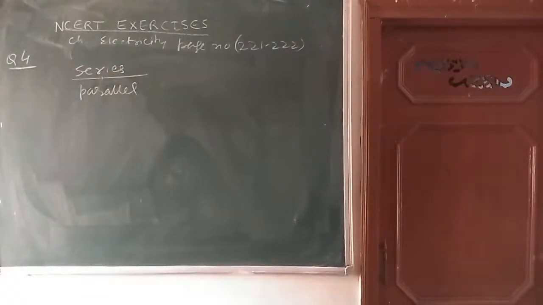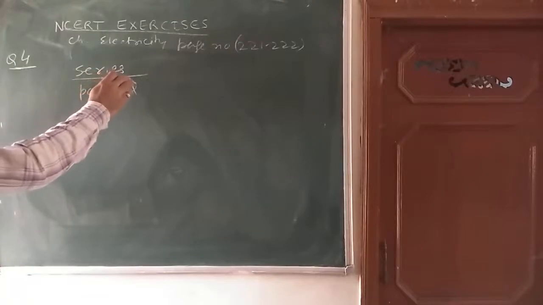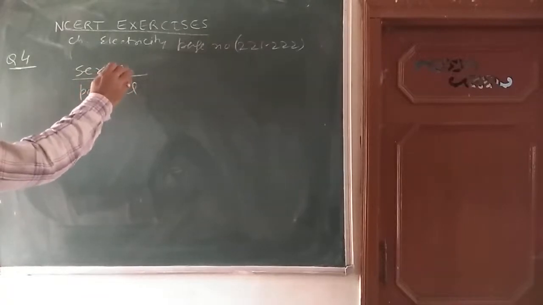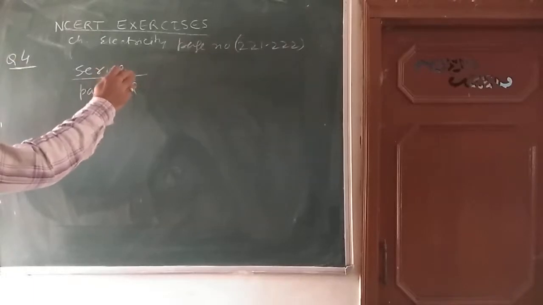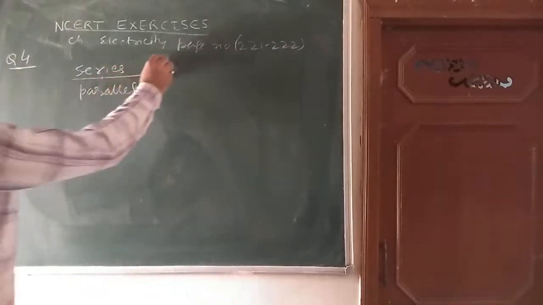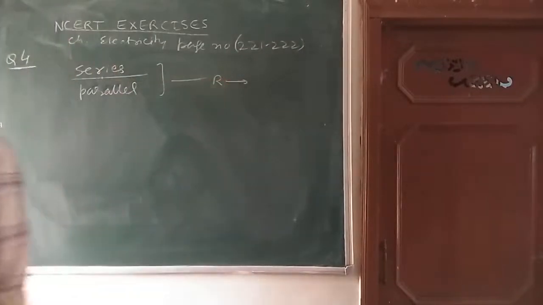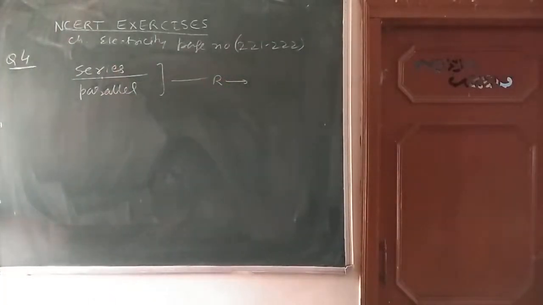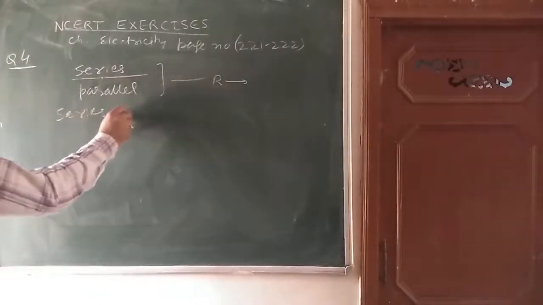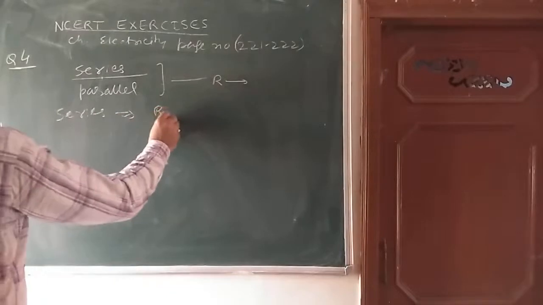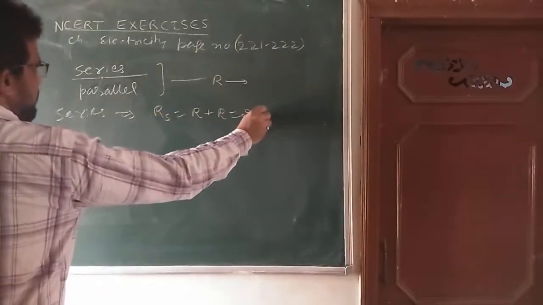Read again what is given to us. Since both the wires are made up of the same material, have equal length and equal diameter, they also have the same resistance, say the resistance is R. When they are connected in series, the equivalent resistance would be RS is equal to R plus R, that is equal to 2R.